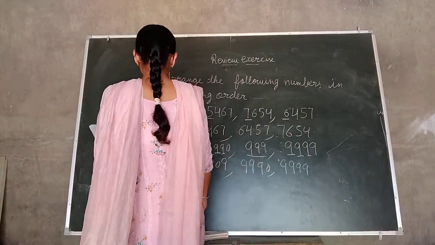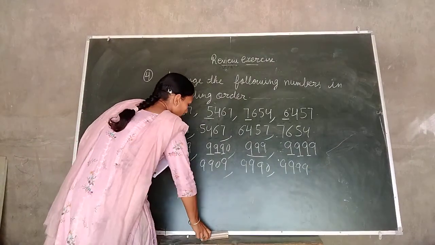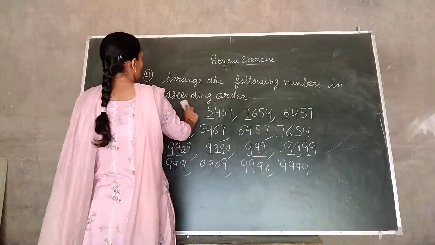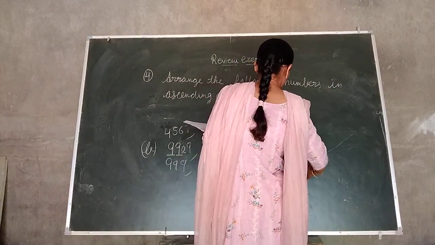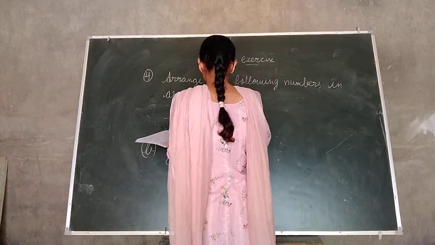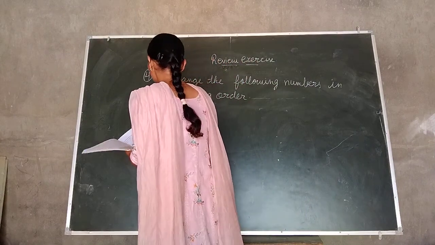Next question number 5. Arrange the following numbers in descending order. Here we have arranged the numbers in ascending order. Now we have to arrange the numbers in descending order.